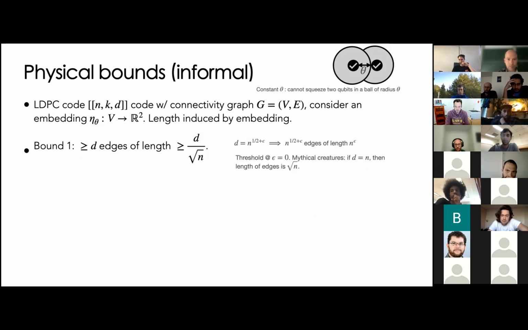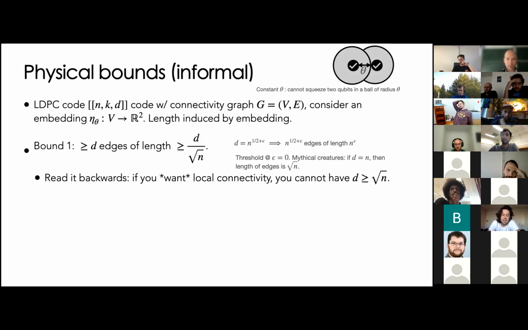So there's this sort of threshold at epsilon equals 0, and as soon as you exceed it, immediately you start to have growing non-locality. And furthermore, we don't know if such codes exist, but if we could find codes for which d scales as n, then the length of these edges is going to scale as square root of n.